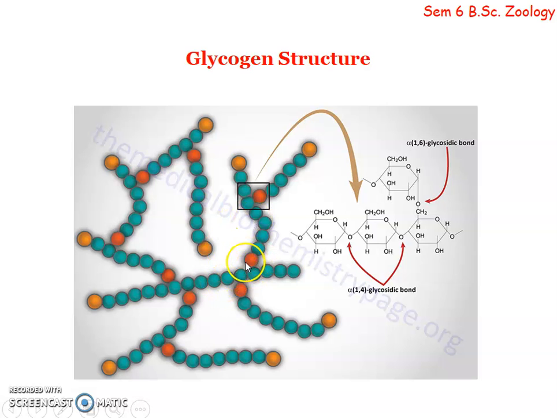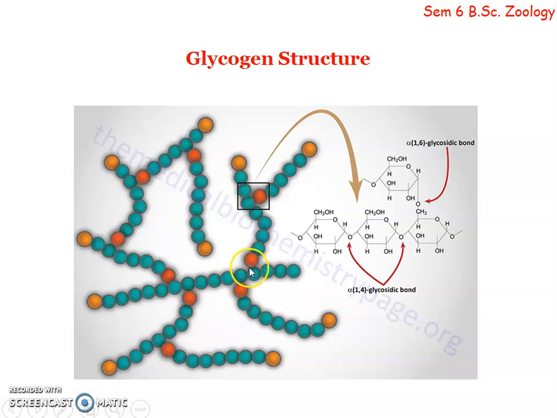But at the branching points, these two glucose units, if you are starting from here, this is the reducing end, and these are the non-reducing ends. The alpha 1 carbon, the C1 of this glucose, is bound with the fourth carbon of this sugar. So it is almost like continuous.